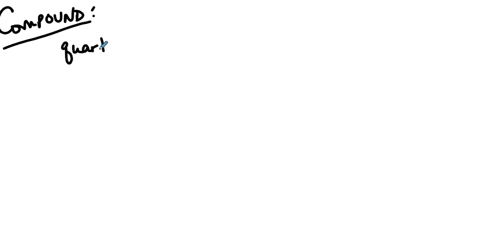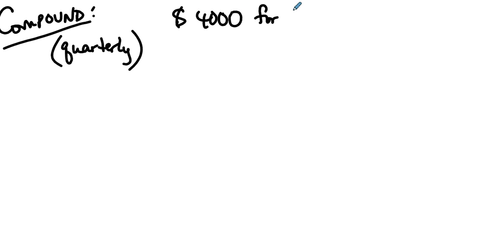But other banks may decide that we could compound more often. And if we compound more often, maybe that makes more money. Maybe we can generate more income this way. So again, we're going to invest $4,000 for 4 years at a 4% annual percentage rate.